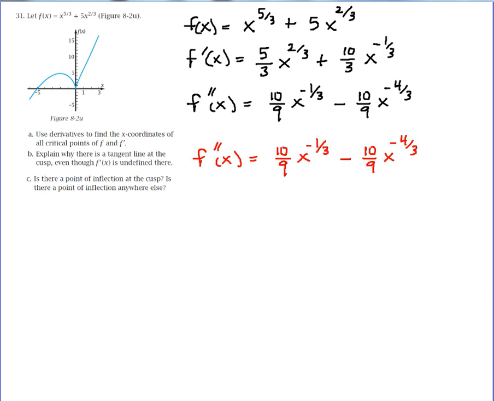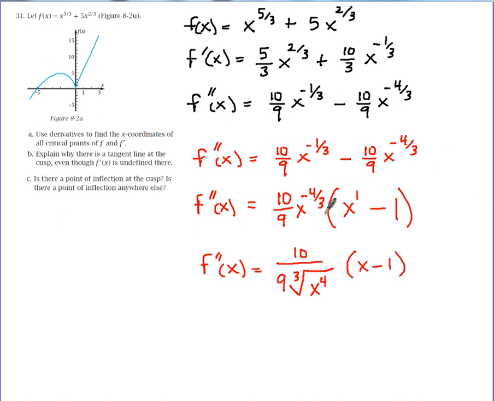I can also do something with the second derivative. So likewise, we'll factor out 10/9, and then we'll factor out x to the negative 4/3. And when we do that, working backwards here, x to the negative 4/3 multiplied by x to the first power will get us this x to the negative 1/3. And then we can do the same thing to get the second term.